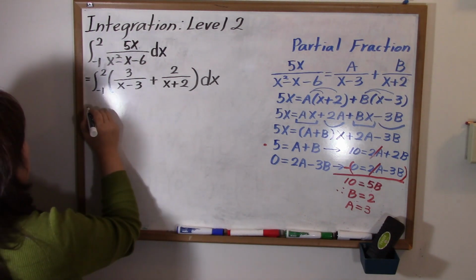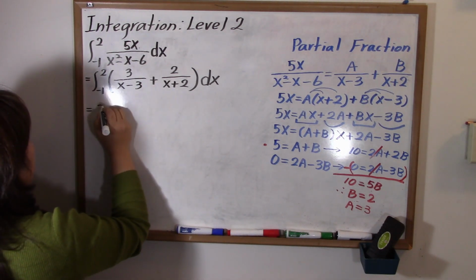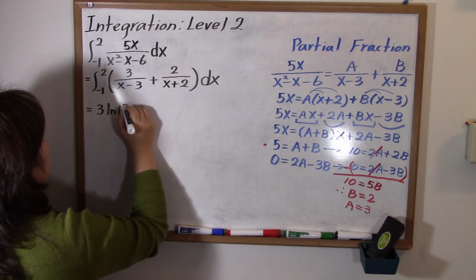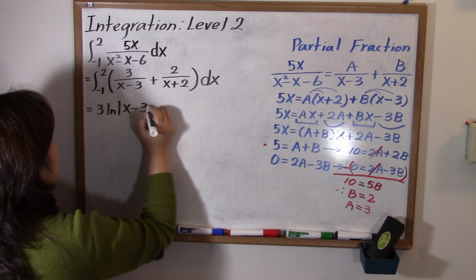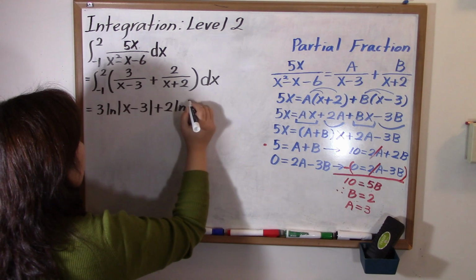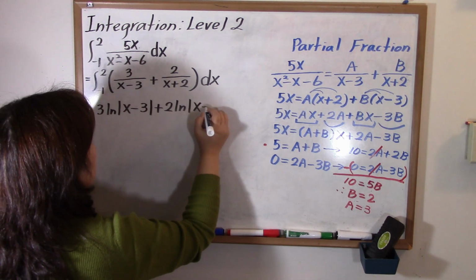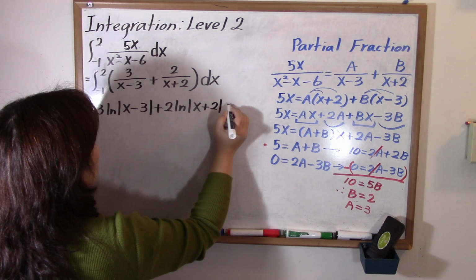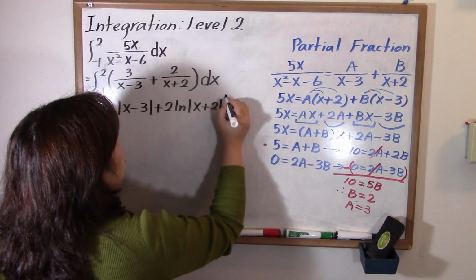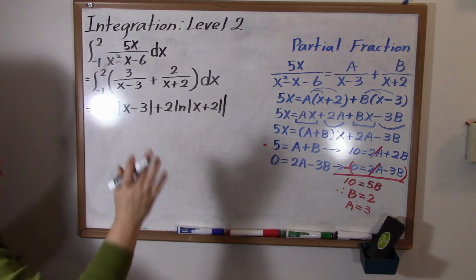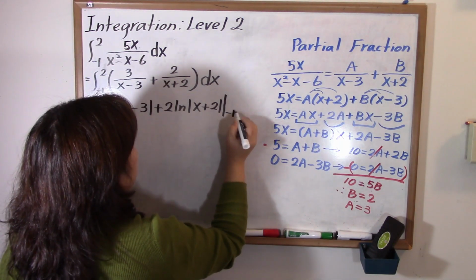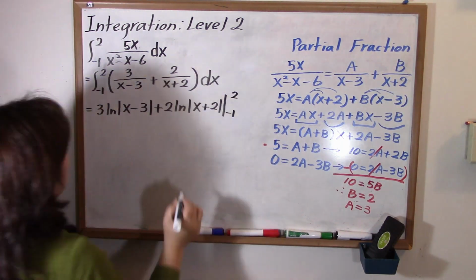So let's do it. It is equal to 3 times ln absolute value of x minus 3 plus 2 times ln absolute value of x plus 2. And then the boundaries doesn't change. The boundaries are the same, from negative 1 to 2.